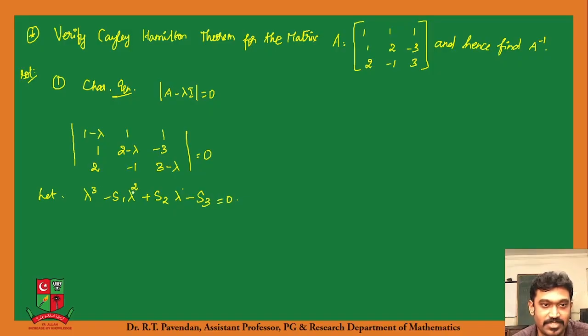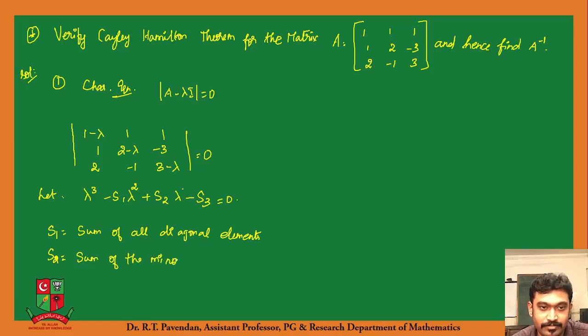Lambda cube minus S1 lambda square plus S2 lambda minus S3 is equal to 0, wherein S1 is the sum of all diagonal elements of the matrix. S2 is the sum of the minors of the diagonal elements.